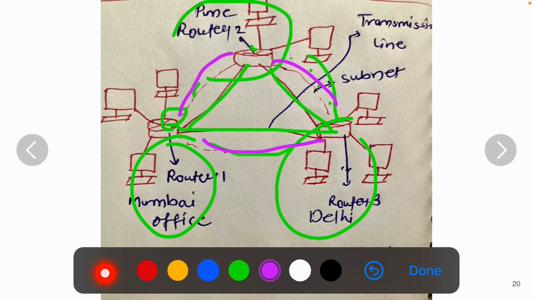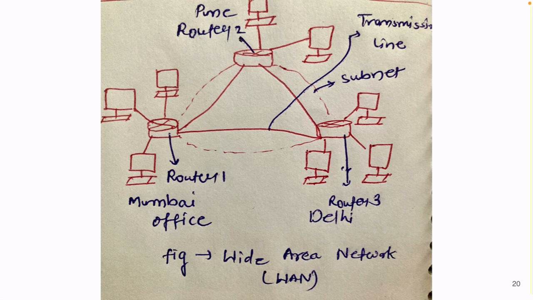Many times companies prefer leased lines from telecommunication companies, which means we can connect all three offices. Then what is a subnet? A subnet is also used for communicating between two locations. It consists of routers and communication lines. Then we can easily communicate between the three locations like Mumbai, Delhi and Pune.